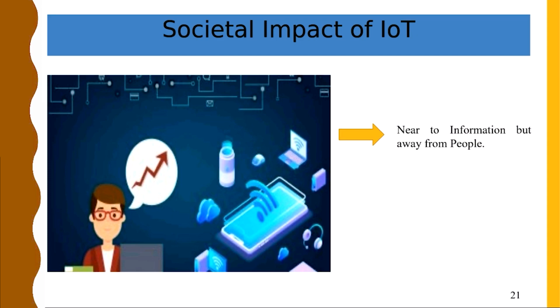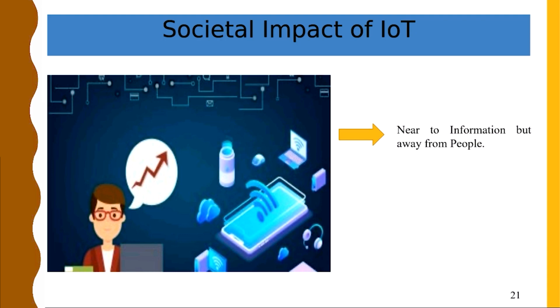This is, in general, the impact of technology. We can say that we are going away from the people. This is a societal impact. Though we are very much connected and very near to the information, somehow we are going away from the people.